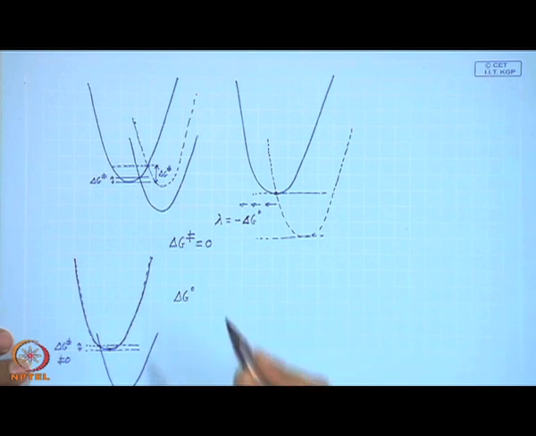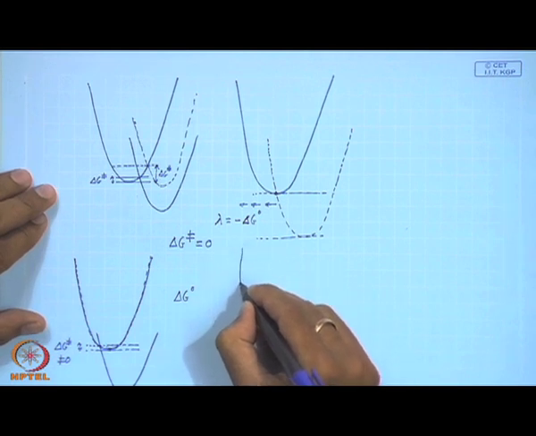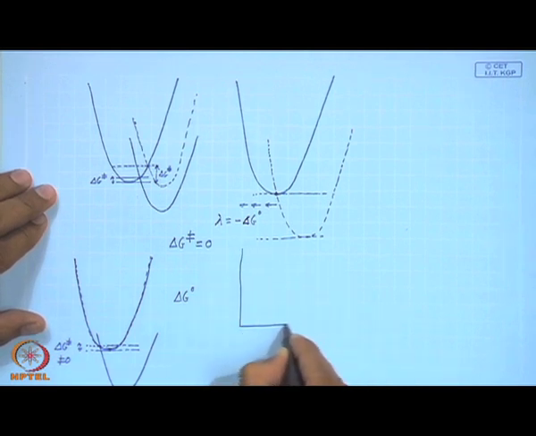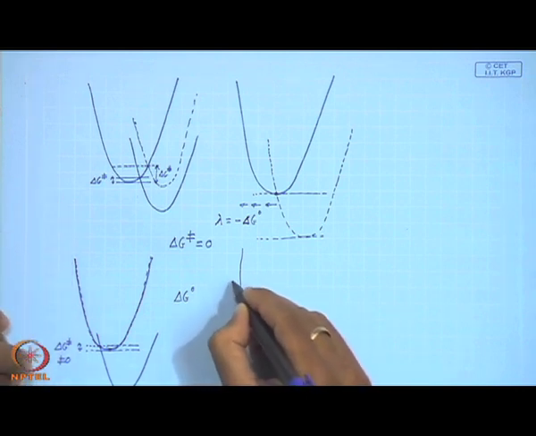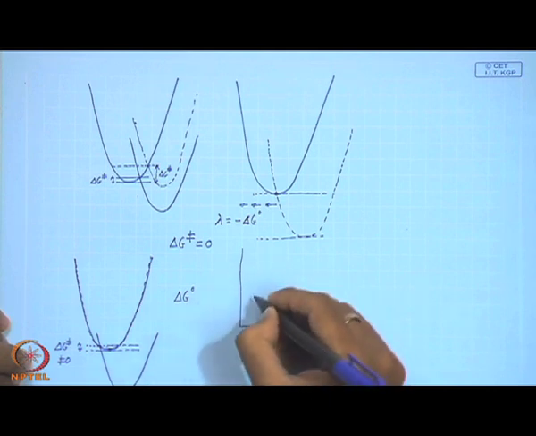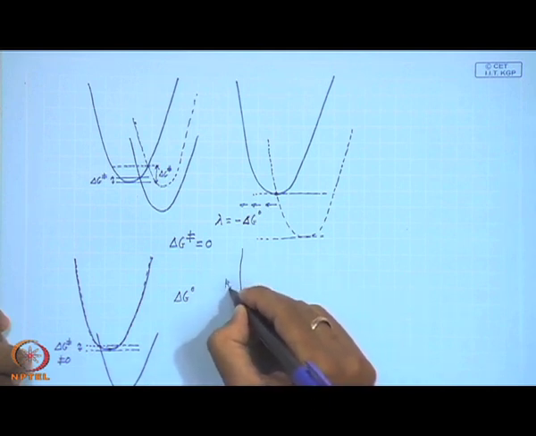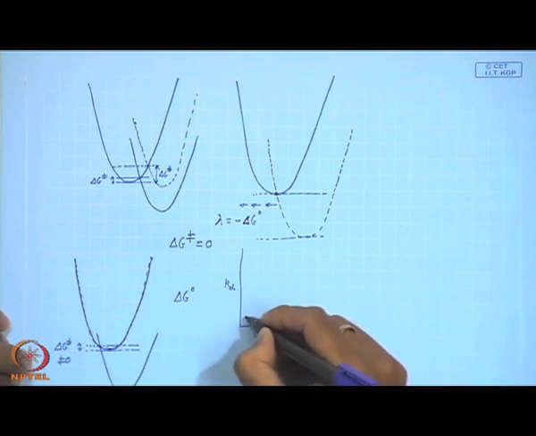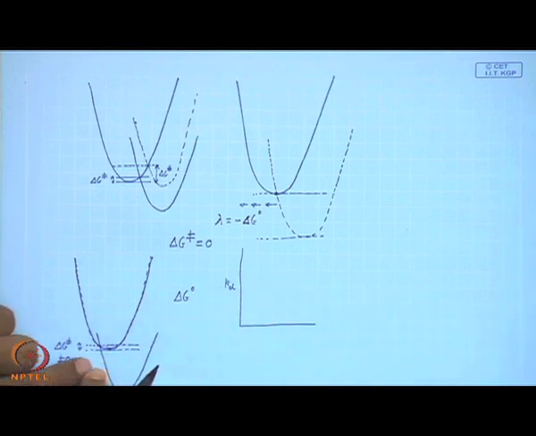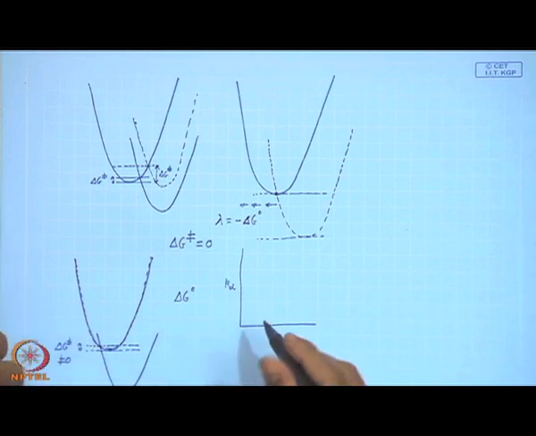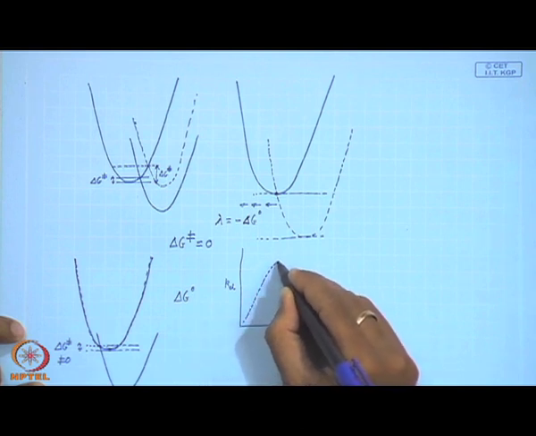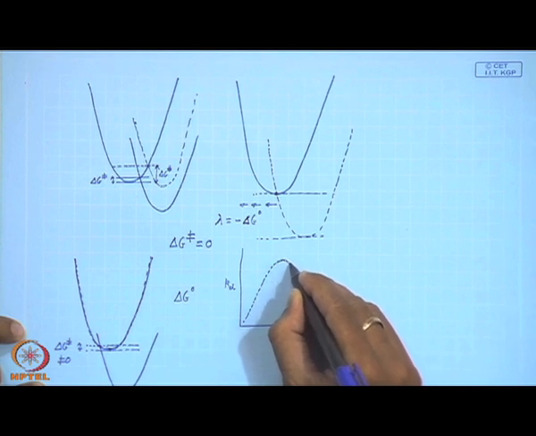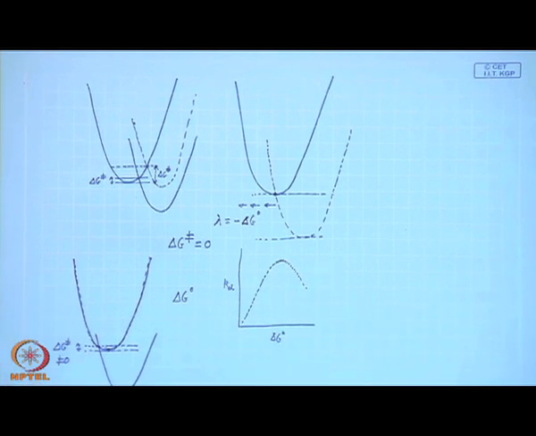So, basically, if you plot electron transfer rate as a function of lambda, or as a function of, I mean, this is k E T, and if you plot with respect to this delta G 0, then you will be finding that initially electron transfer rate increases, then maximizes, then it starts to decrease.